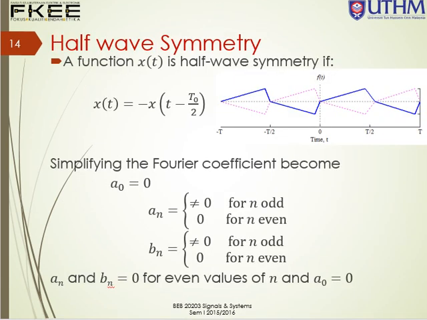So let's go for half wave symmetric. Here, x(t) equals minus x(t minus T over 2).